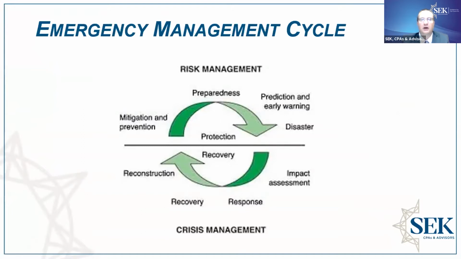Everything above the line is before the disaster occurred, and that's more the protection or risk management side of things. The 3 components of that are mitigation and prevention, preparedness, and prediction and early warning. So that's the risk management side, not the actual actions taken once the disaster has occurred.